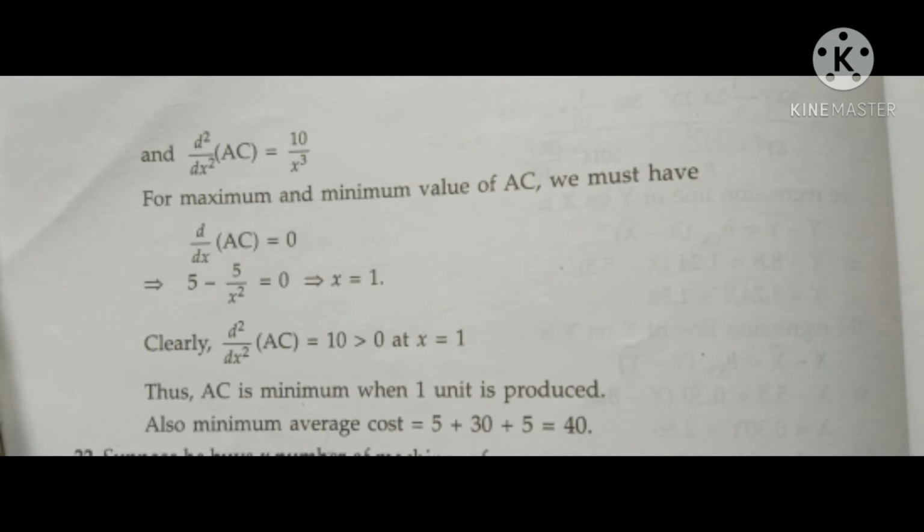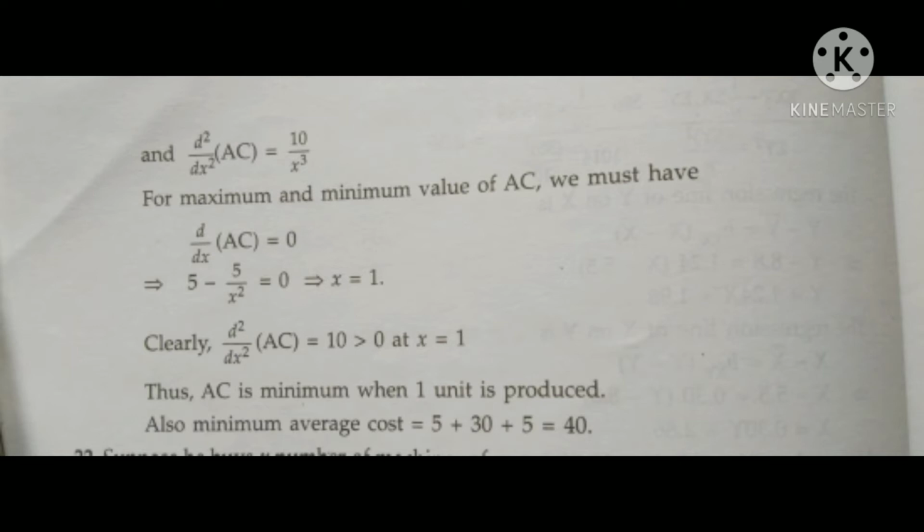To decide whether average cost is maximum or minimum at that point, we have to go for second order derivative of average cost. If second order derivative of average cost is less than 0, then it attains maximum, and if its value is greater than 0, then it attains minimum value.